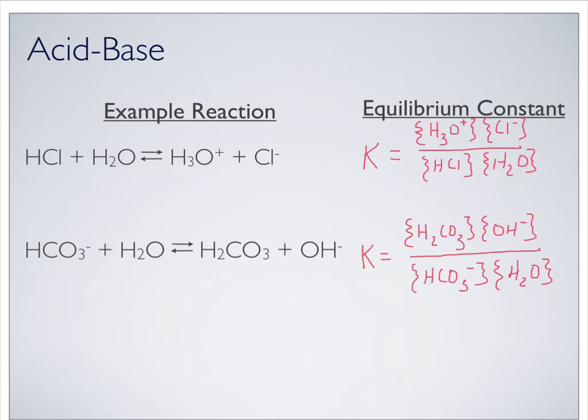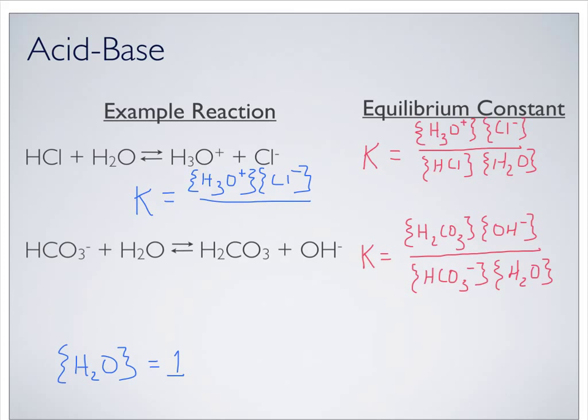Now, we can actually simplify both of those equilibrium expressions. And we can do that by noting that the activity of water is, by definition, because it's a pure phase, going to be equal to 1. So that means that K, in this case, is going to be the activity of our hydronium ion, H3O+, times the activity of chloride ion, divided by the activity of HCl.